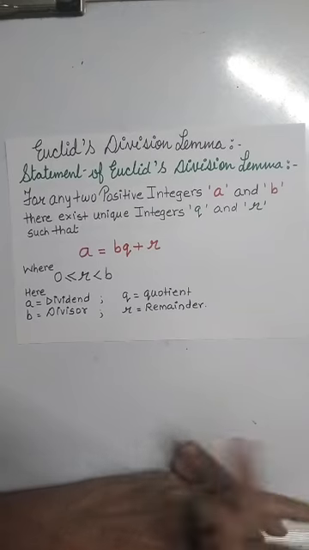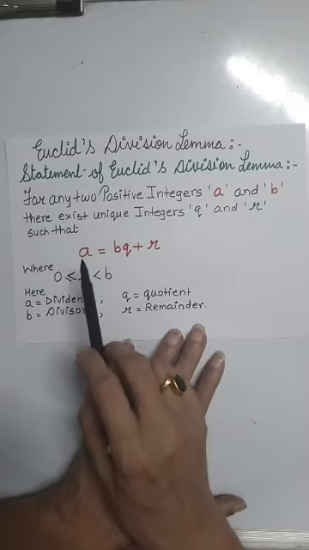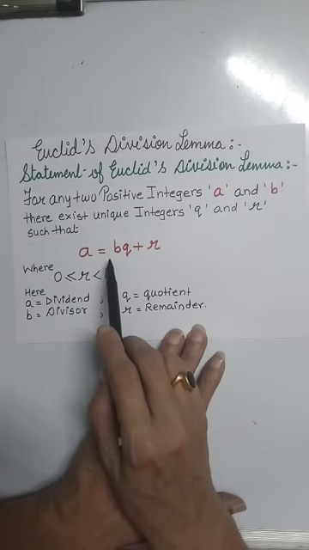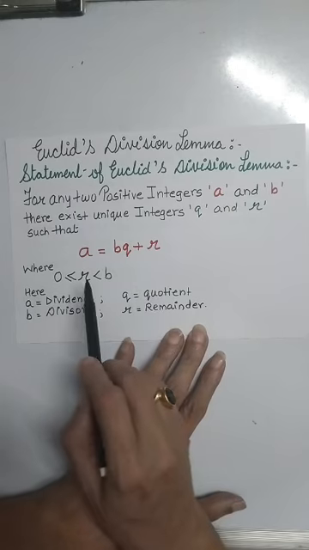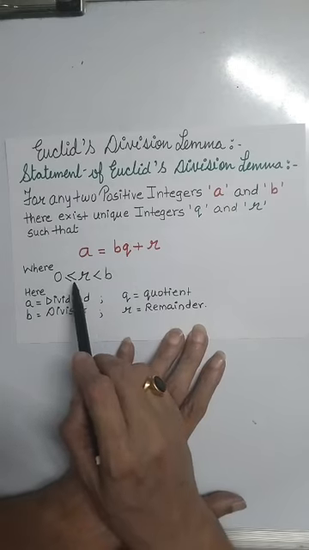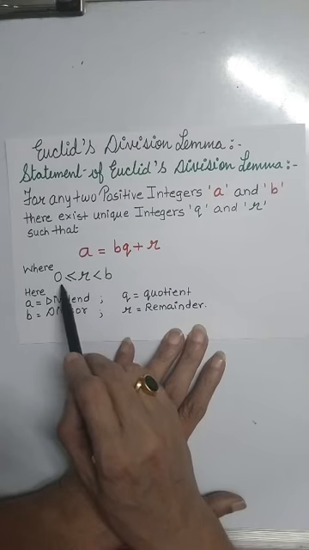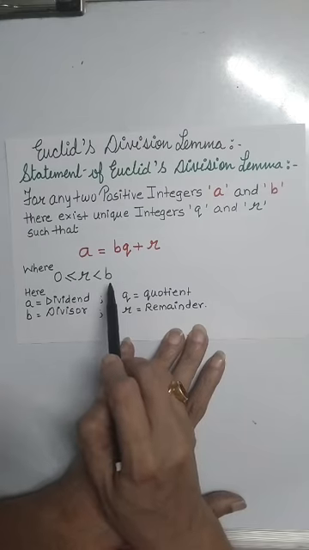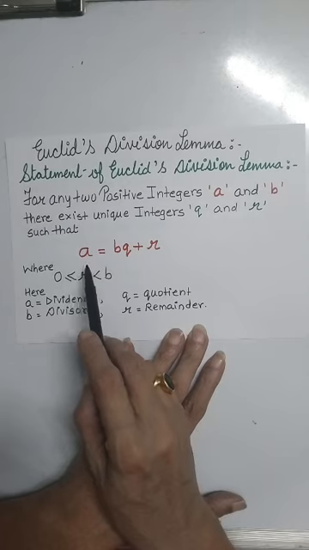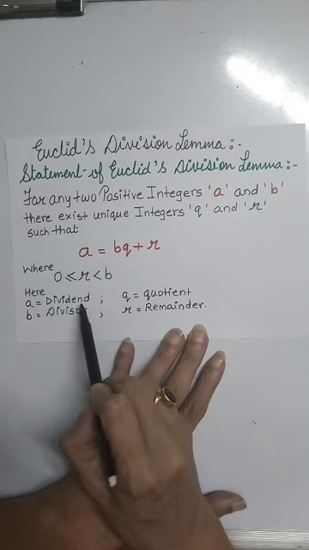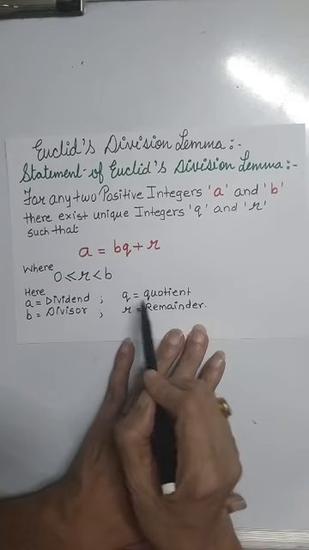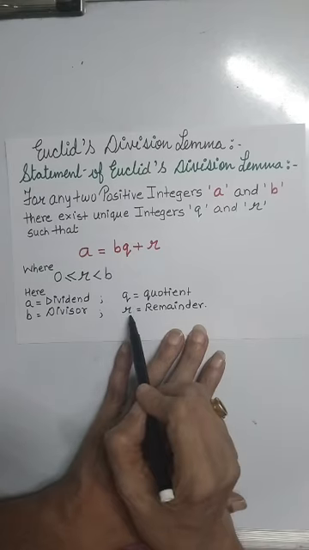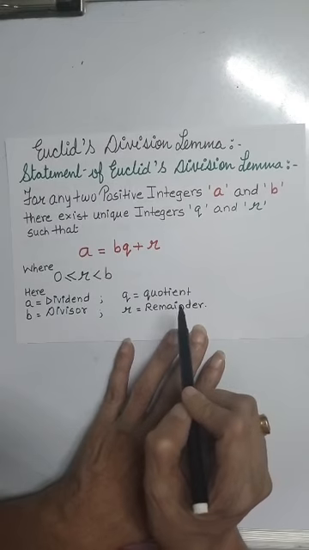and r such that a is equal to bq plus r, where r is greater than or equal to 0 but less than b. Here a is a dividend, b is a divisor, q is a quotient and r is a remainder.